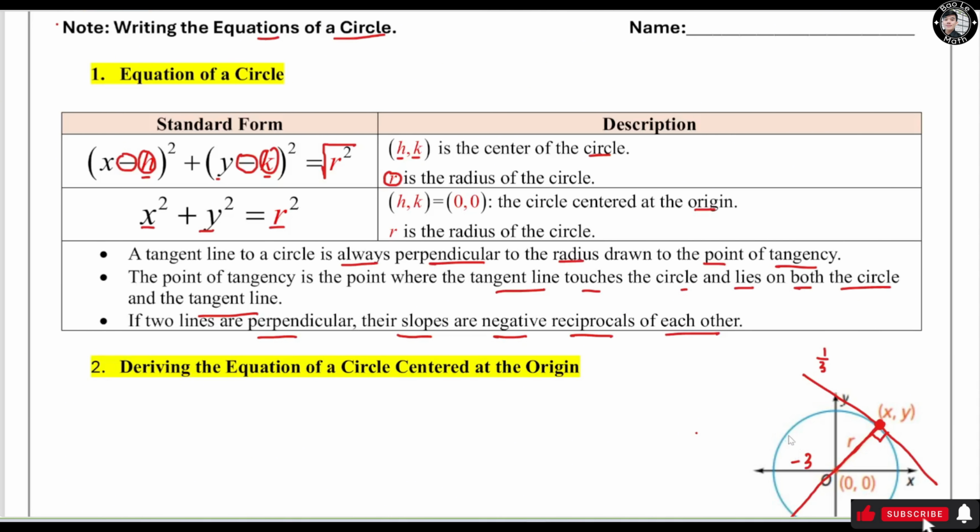In other words, this slope times this slope equals -1. -3 times 1/3 equals -1, so the slope of the tangent line times the slope of the radius equals -1 all the time.